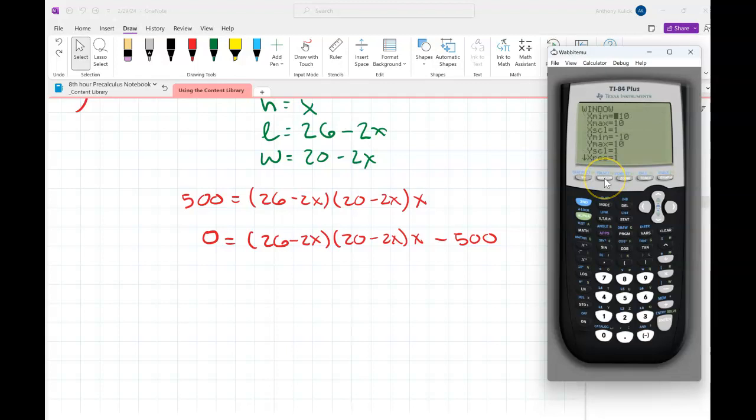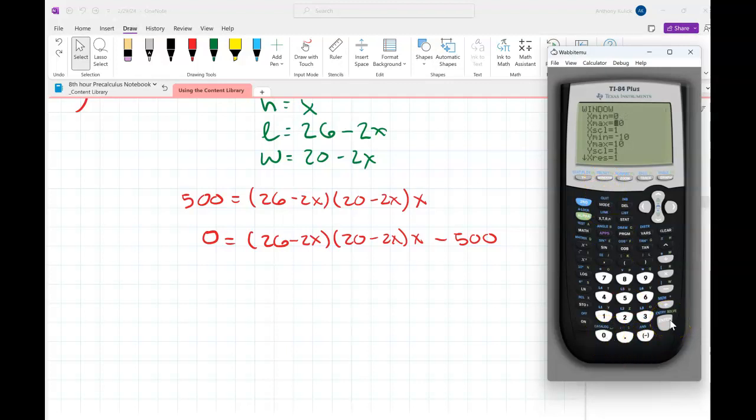And now I'm going to set a window here, so I have to think for a moment. x is representing a side length for a square, right? What's the smallest reasonable value for x? Zero, right? x can't be smaller than 0 because you can't have negative side lengths. So let's do that.